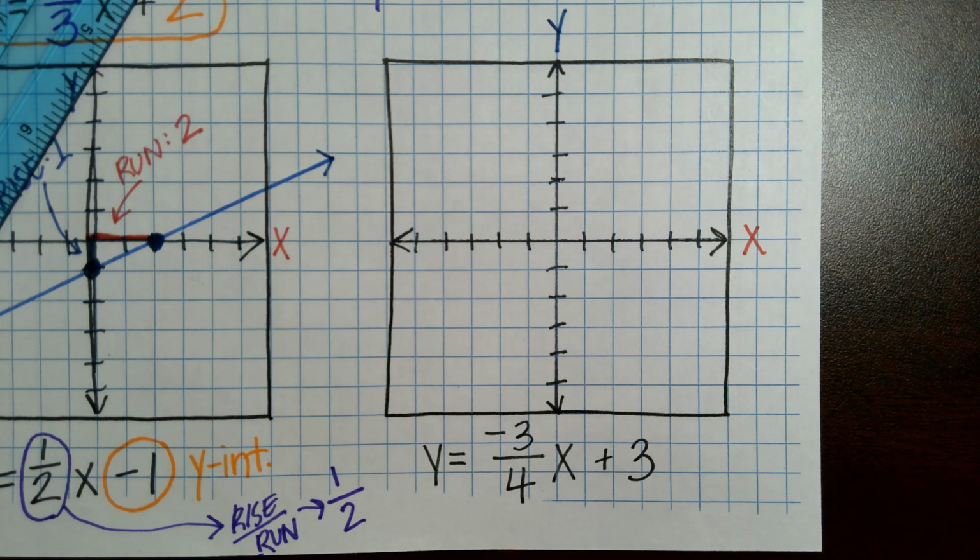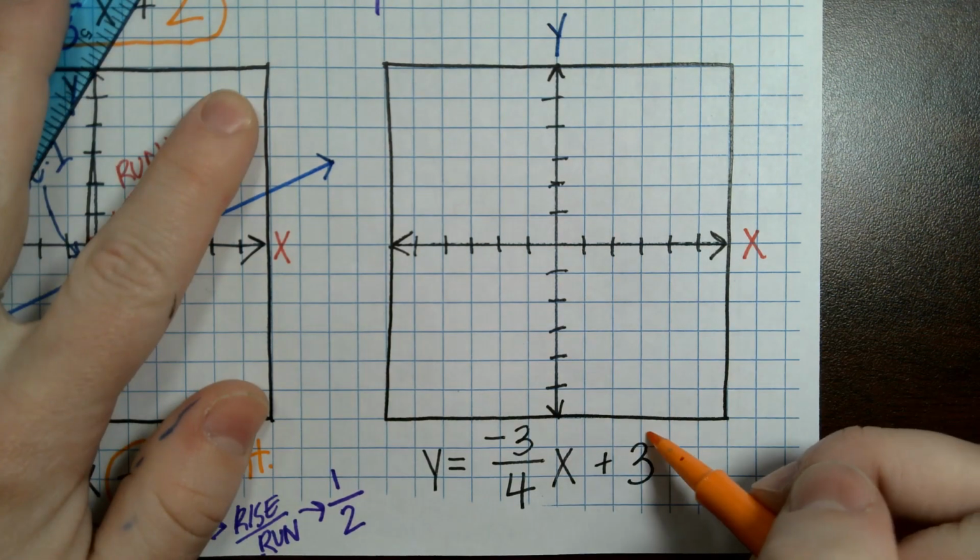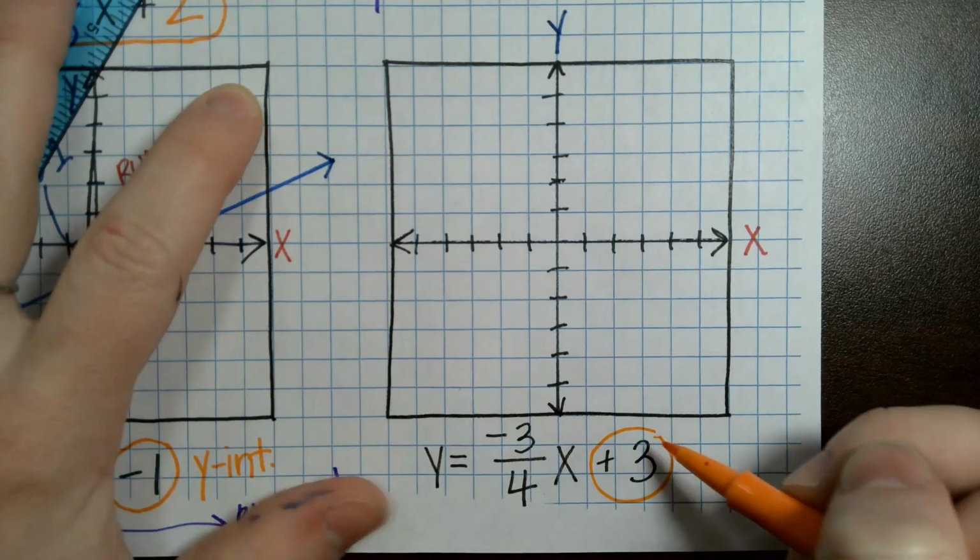Okay. Everybody got your equation written down, or do we need another minute? We ready? All right. Okay, first thing, what's our y-intercept? 3. Good. So I'm going to circle it and I'm going to label it.